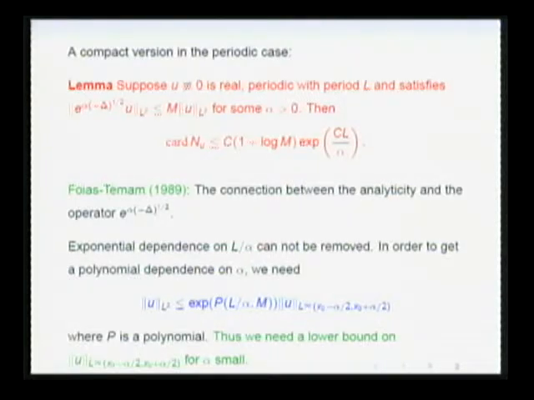And since there is a log here, we are happy if you get exponential. So in order to get good bounds for a PDE at hand, you need what is called an observability estimate for fixed time.